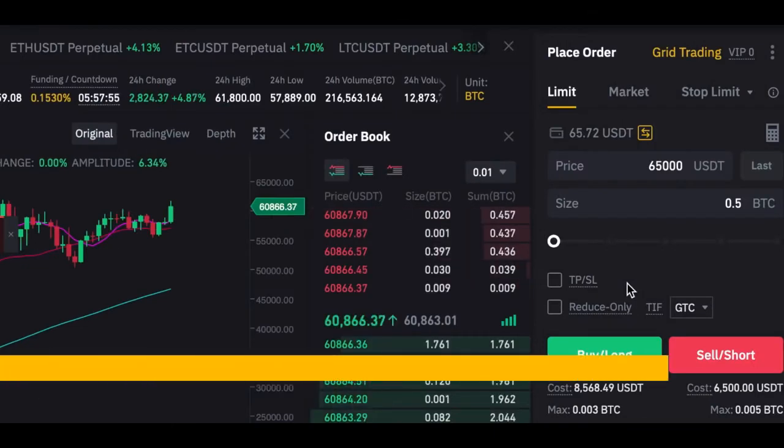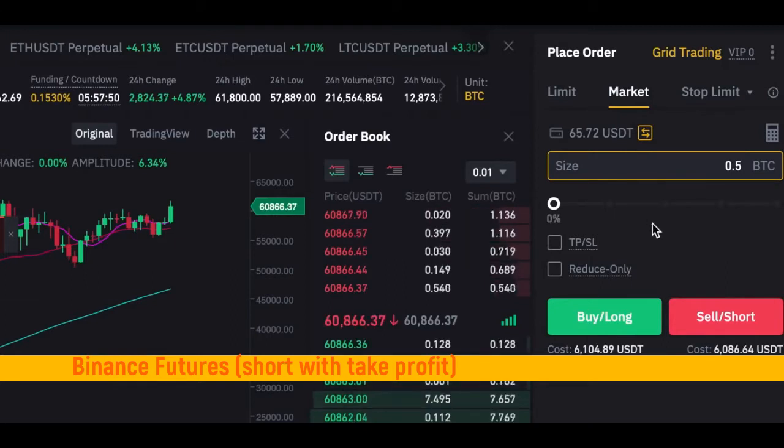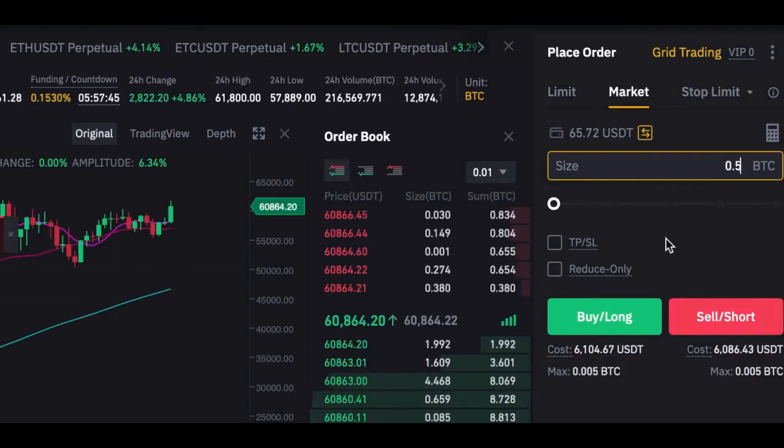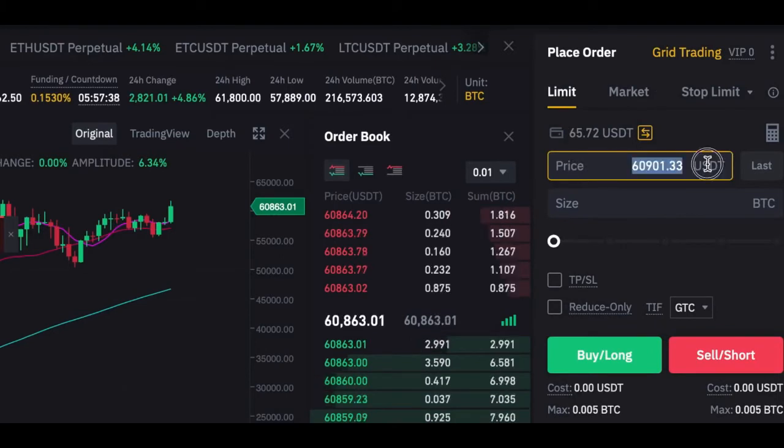You can definitely do the opposite if you want to go short. You can enter an order, let's say half a Bitcoin, and then you can go short so you can sell. Now you're going to be short Bitcoin, and what you want to do is buy back at a lower price. So you sell high and buy lower. What you can do is then go to a limit order like this, and you can actually change to, let's say, 50,000.